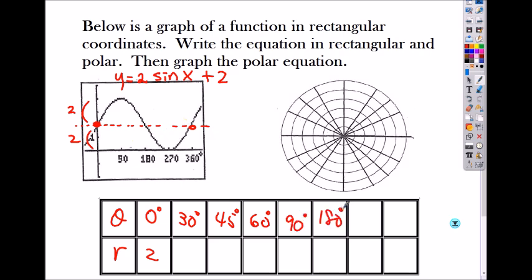Hopefully we can get the general shape of it, okay, after it. So we don't have to do every 15 degrees. So here 270. If you need more, we can add more. And let's do 330, because 360 is same as 0, right?